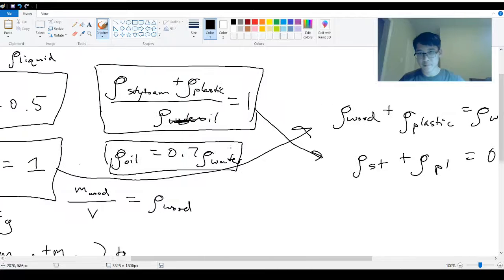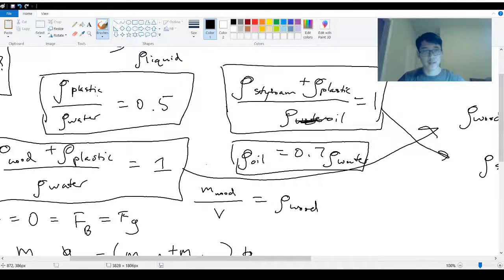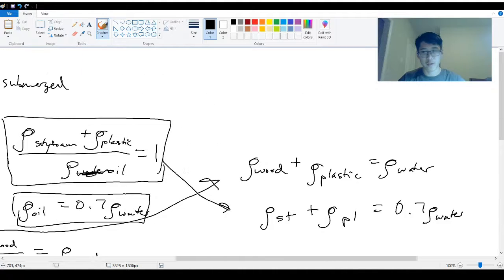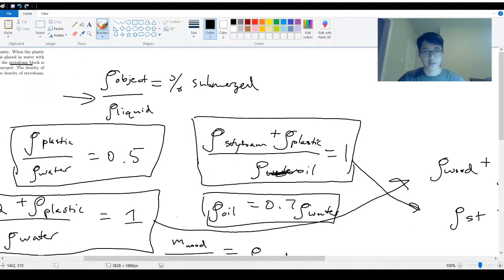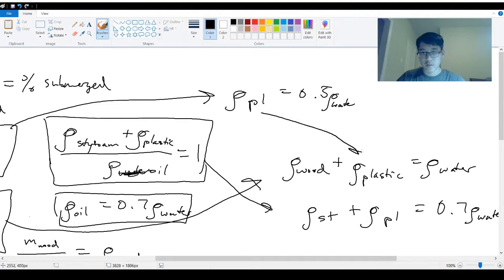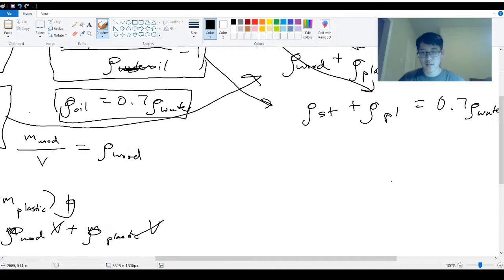Okay. And now we're also given that the density of plastic over the density of water is 0.5. So we can plug in the fact that the density of plastic is equal to 0.5 times the density of water, into both of these plastic densities.